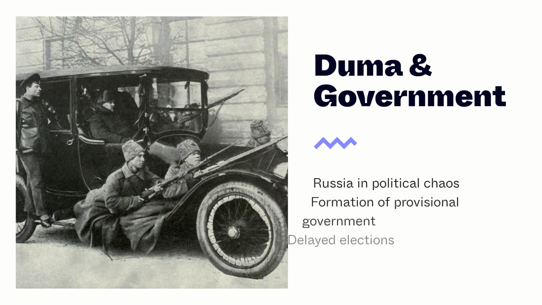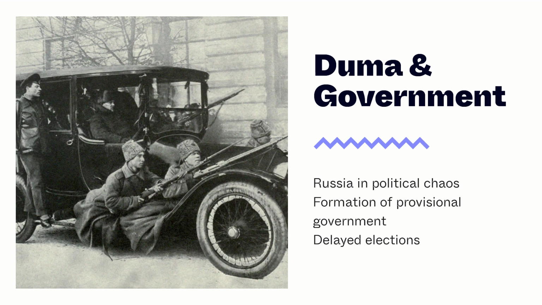With the final Duma split and 12 of the members rebelling against one of the Tsar's final orders to dissolve, Russia was in political chaos. Russia had also been under autocratic rule. The Tsar had been answerable to no one but themselves.